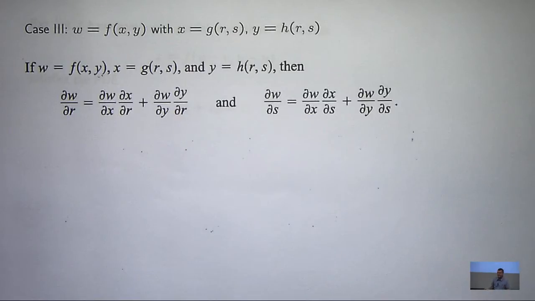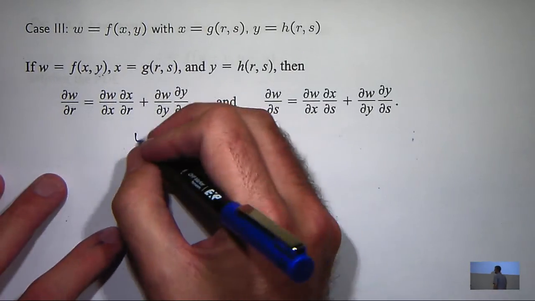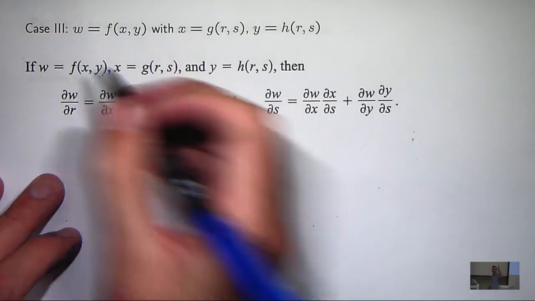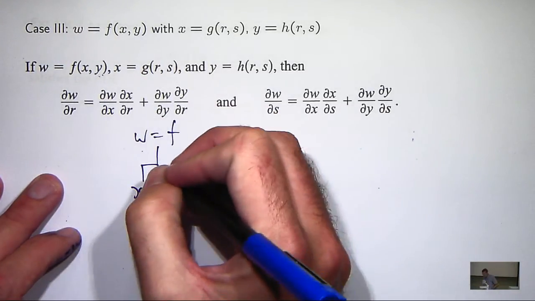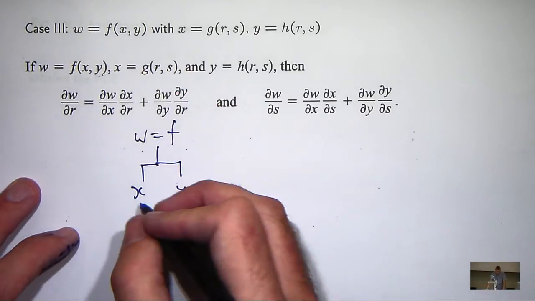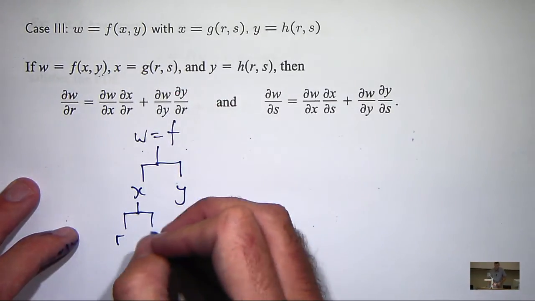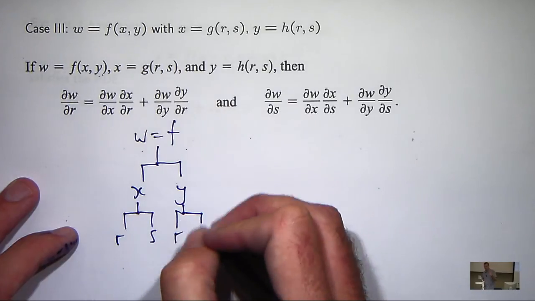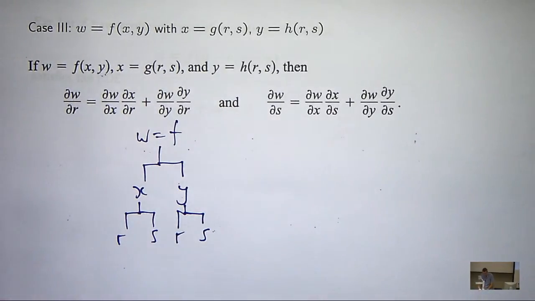So F depends on X and Y, and both of those depend on R and S. To get the chain rule, just work your way from the top down to, say, R. There's two ways to get there, and you'll get one chain rule. Work your way down the branches to an S, and you'll get the other chain rule. Okay? It's pretty simple, and it easily generalizes.